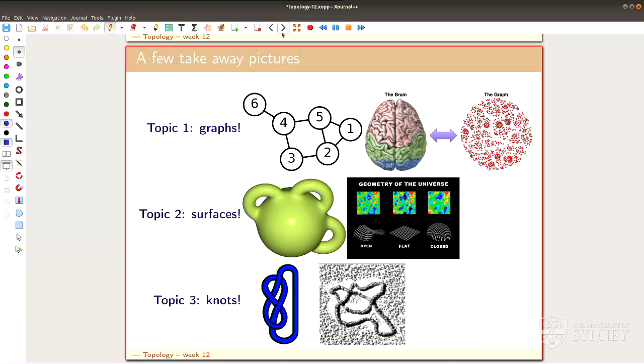But for a huge beast like the universe, it's actually not so easy to tell what the shape of the universe is. And it turns out that it's probably not a sphere, by the way. And people use methods like we have seen in this lecture to study the universe itself. So the brain and the universe, which I find really amazing. So clearly another topic in the exam will be surfaces.